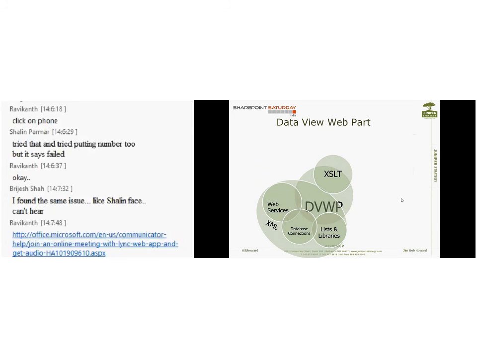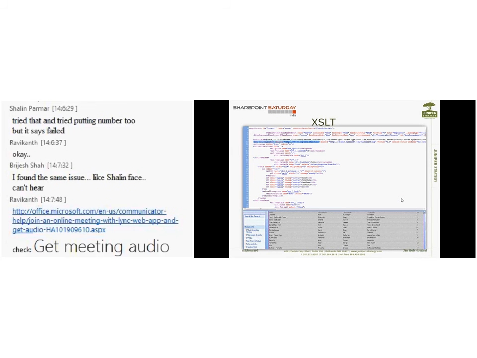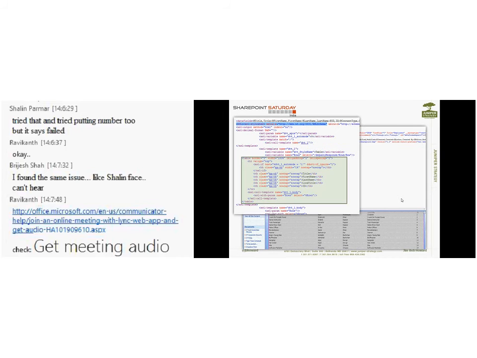And so XSL is the next thing I want to talk about. Because our data is coming in as XML, the reason why the data web part can display it is that it's an extensible style sheet page. So here's a quick little view of the XSL that's used to build that.